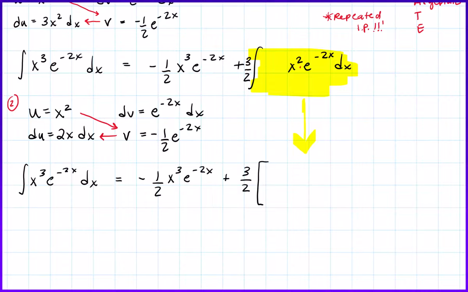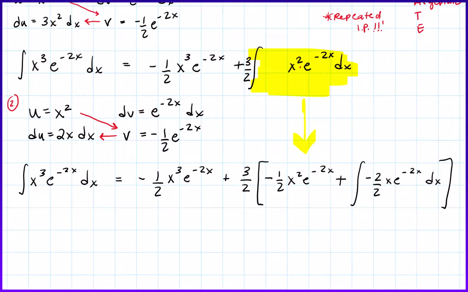So we're going to have x squared times minus 1/2, so that's minus 1/2 x squared e to the negative 2x. And then we have minus the integral. Now we have minus 1/2 times 2x, so that is a minus 2 over 2, which will become 1, x e to the negative 2x dx.